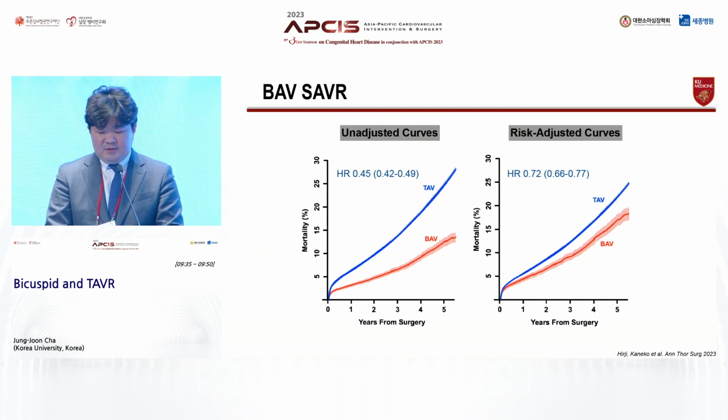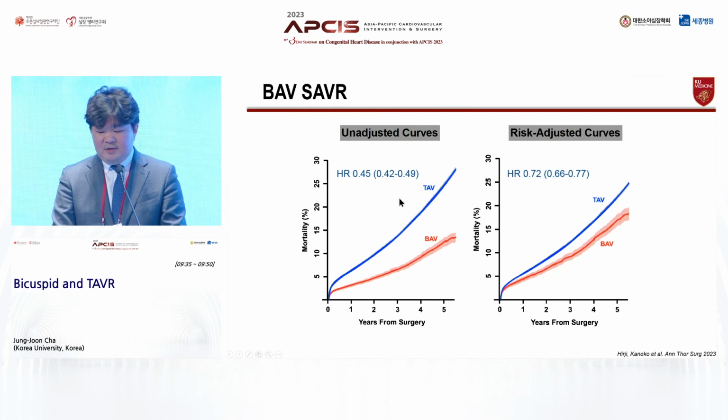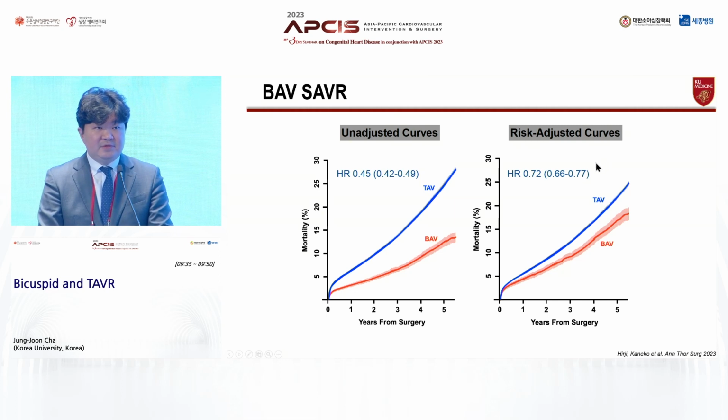As you expected, the bicuspid aortic valve has a good result for mortality compared to the tricuspid aortic valve, as in the previous slide. And we know the tricuspid valve patients are more elderly, but after risk adjustment, there's still a 28% risk reduction in bicuspid aortic valve compared to the tricuspid.